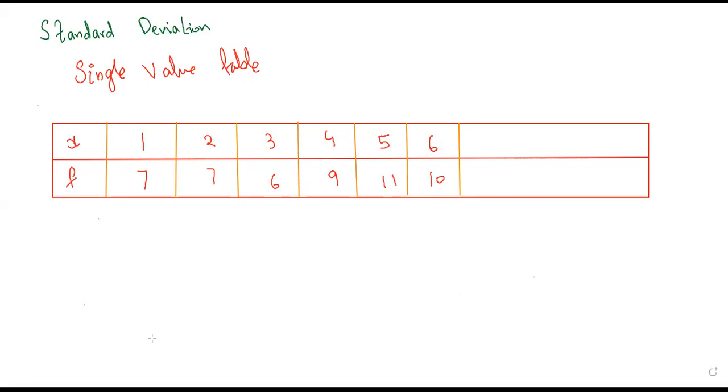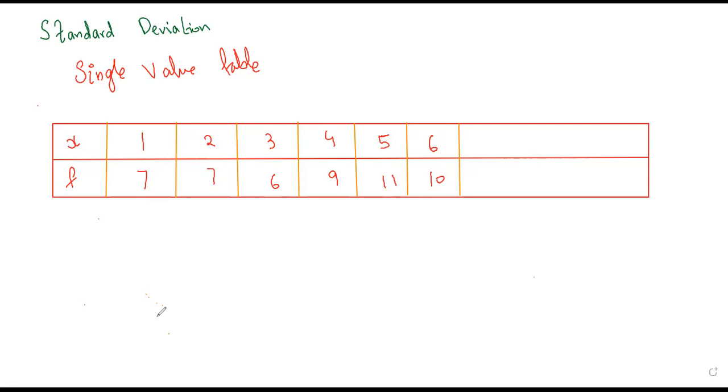It's basically one of the measures of spread of the data. Standard deviation and variance are very close: you square standard deviation to get variance. We'll come to that. But for now, we're talking about case 2, when your data is given in single values and you've been asked to find the standard deviation.